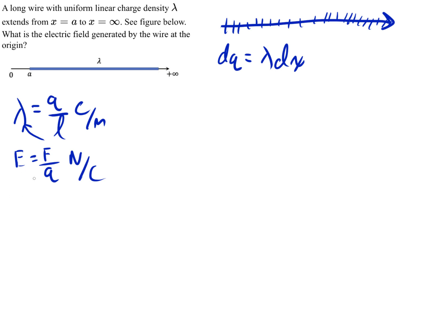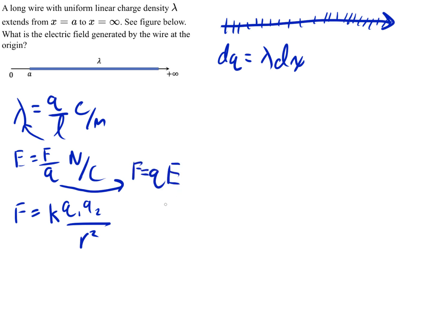Now to move on to the second part, we know that the force is given by Coulomb's constant times the product of the two charges divided by the distance between them squared. Well, we can manipulate this equation to say that the force is equal to the charge times the electric field.